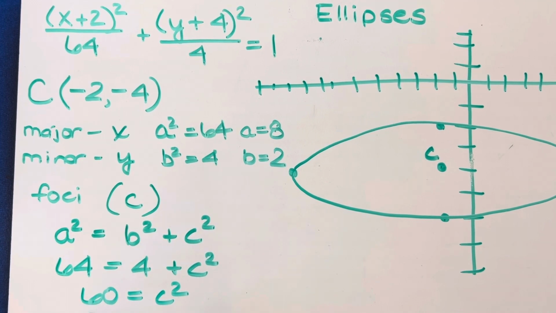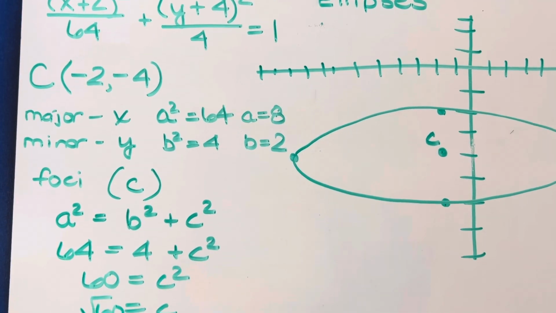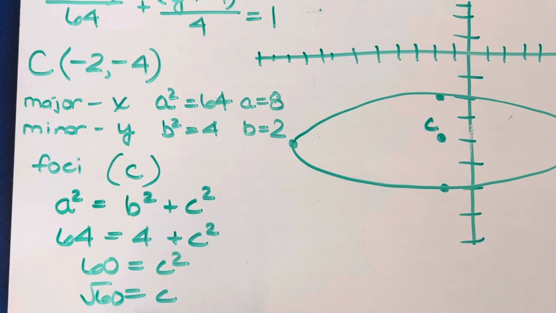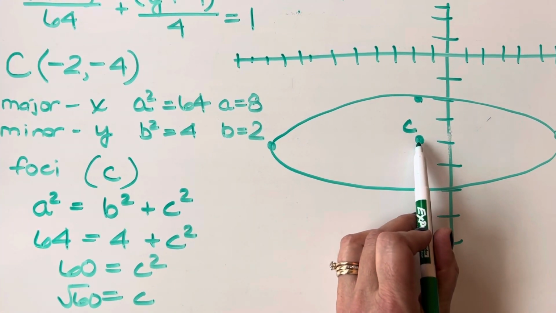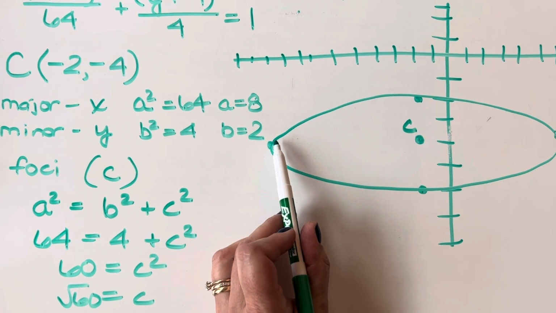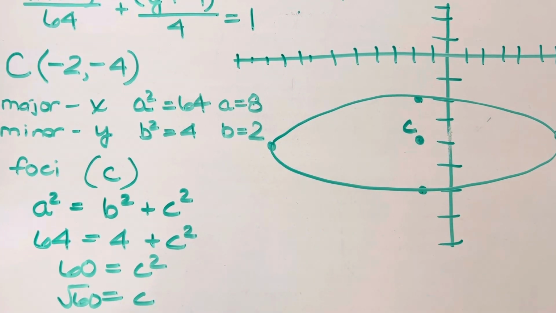So c is the square root of 60, which if we're sketching these points, we actually need to have an approximation for the square root of 60. It's about 7.7. So what I do with this c value to get these foci points is I go back to my center, and this time, instead of going 8 both directions, I'm going to go 7.7. So they're going to be really close to your endpoints.